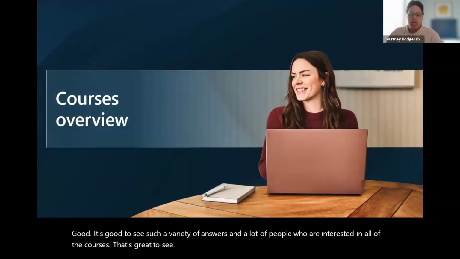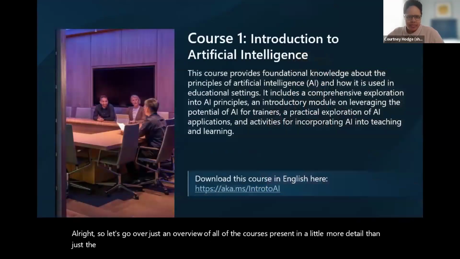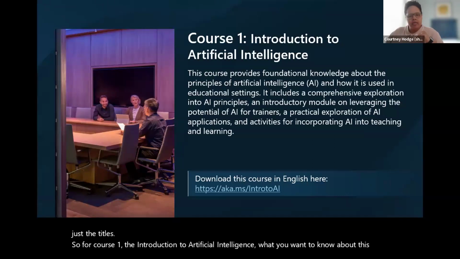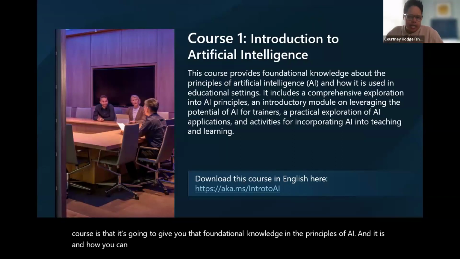All right, so let's go over an overview of all of the courses in a little more detail than just the titles. For course 1, the Introduction to Artificial Intelligence, what you want to know is that it's going to give you foundational knowledge in the principles of AI and how you can use it in an educational setting.